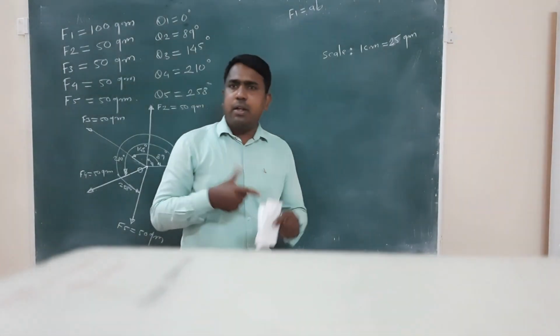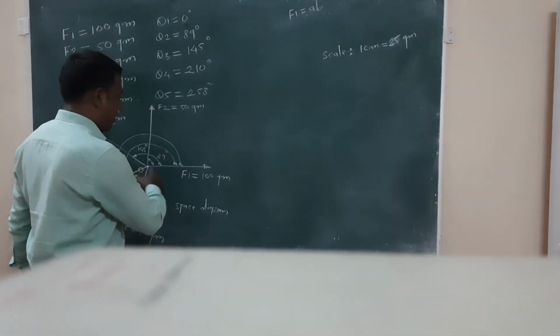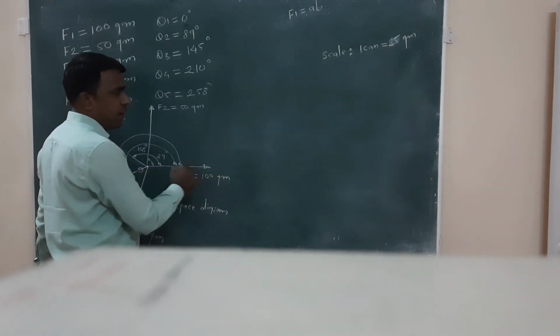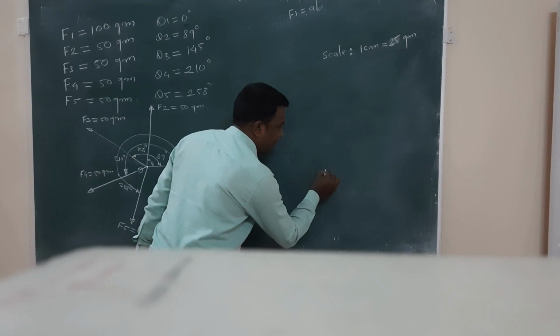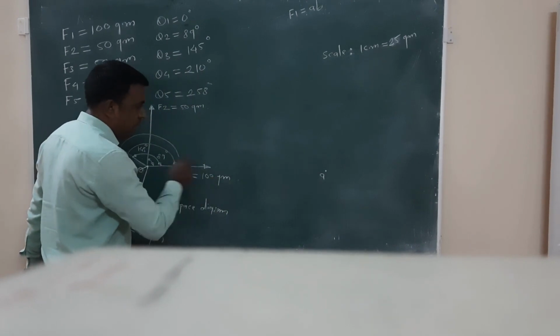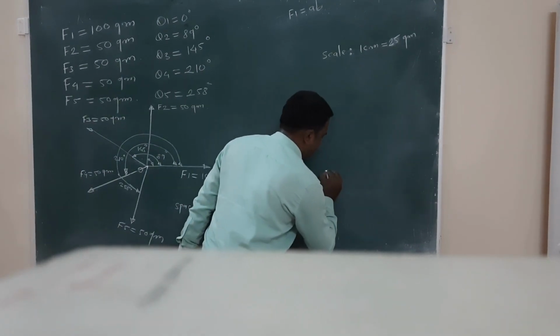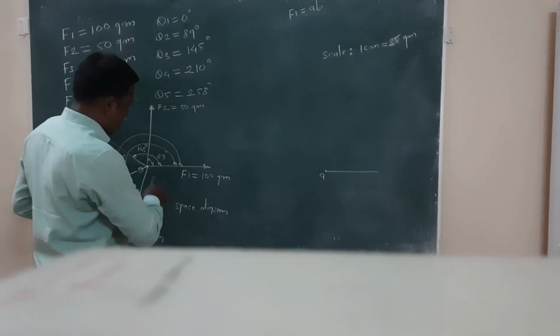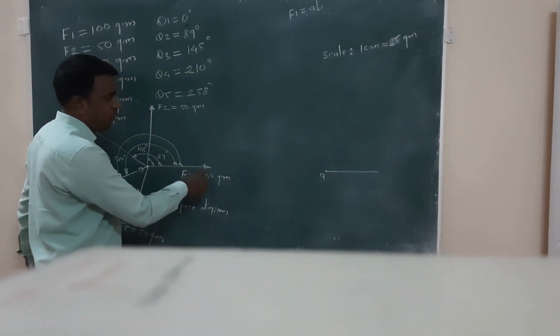The second part is direction. The side of the polygon is parallel to this line. So you can draw the first side of the polygon starting from A. The direction of the line A to B is parallel to the force F1.